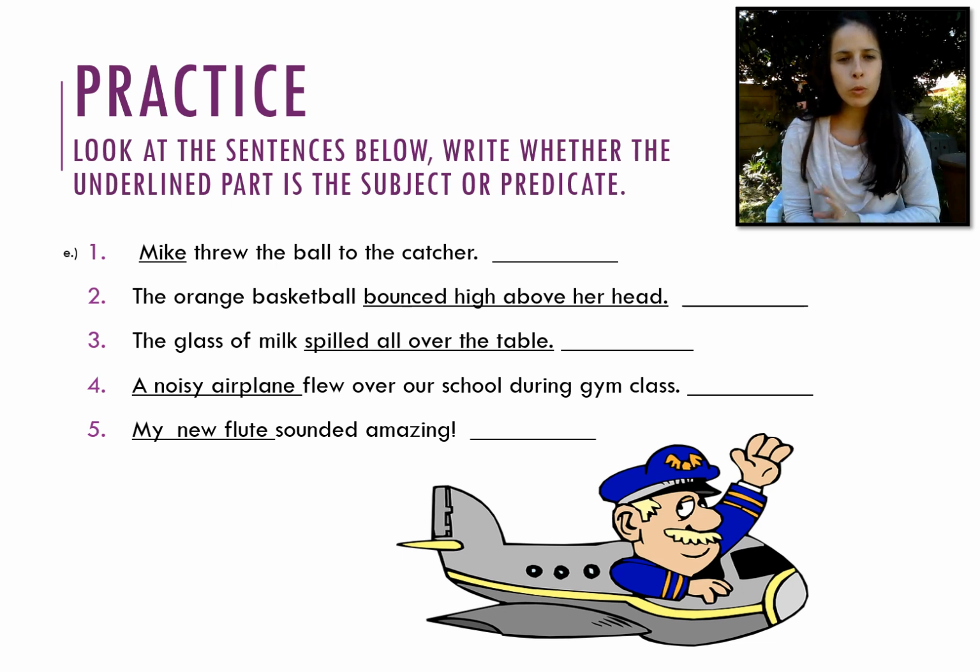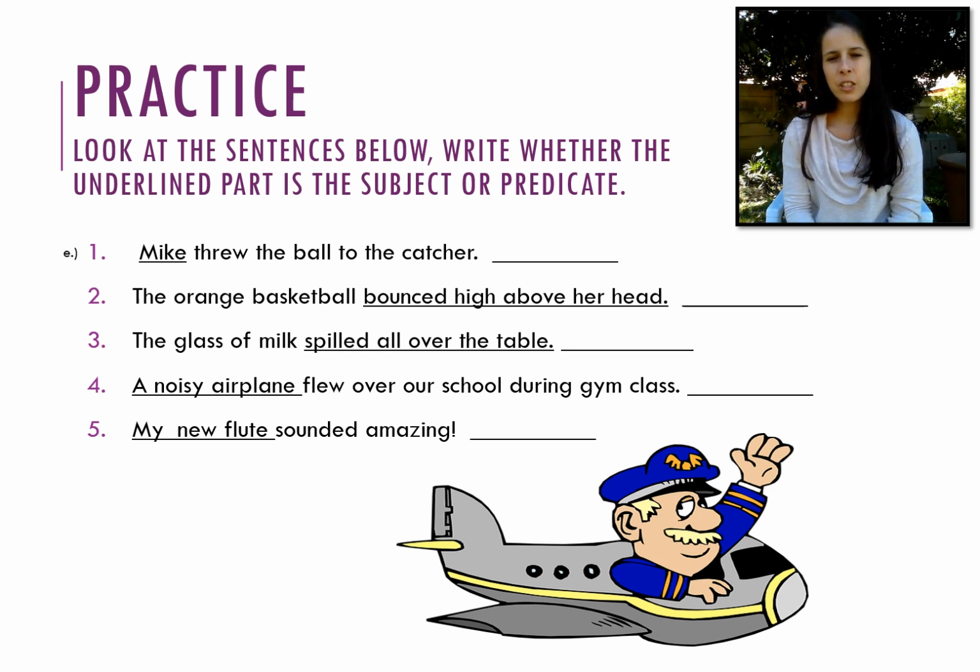Okay, so I've got one more bit of practice for you just to make sure that you understand the difference between subject and predicate. Have a look at your instruction. It says, look at the sentence below. Write whether the underlined part of the sentence is a subject or a predicate. Now, please don't rush. Go carefully. Make sure you're paying attention to all the instructions I gave you. And if you're unsure, go back to your notes and have a look.